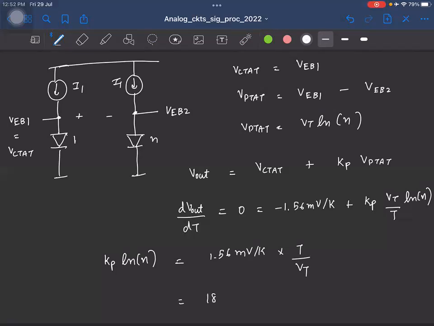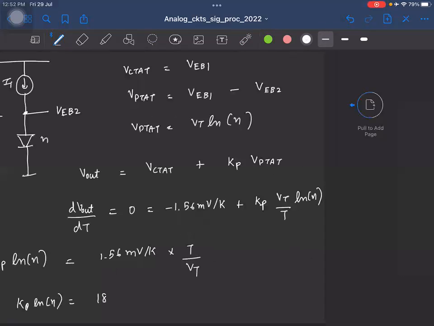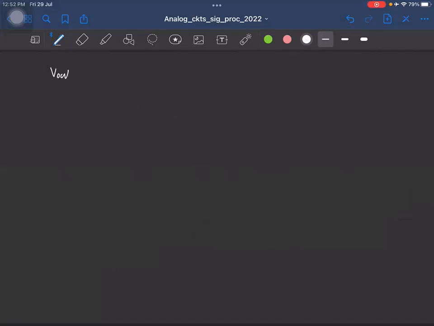And so this is our Kp ln n. So let me put it on the next page. Our final output voltage is VEB1 plus Kp times the PTAT voltage. The PTAT voltage is Vt ln n.